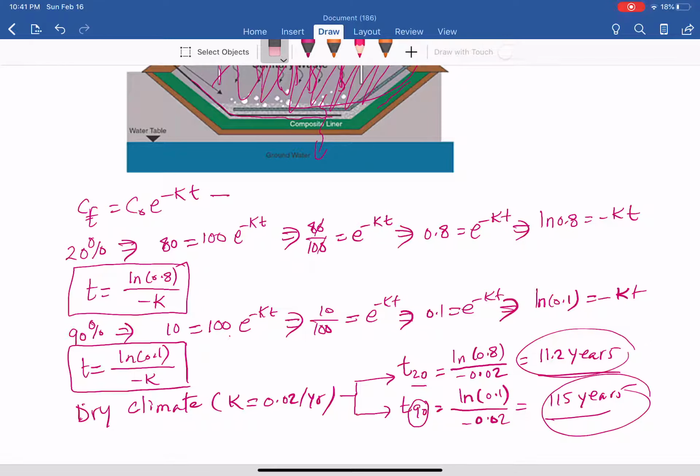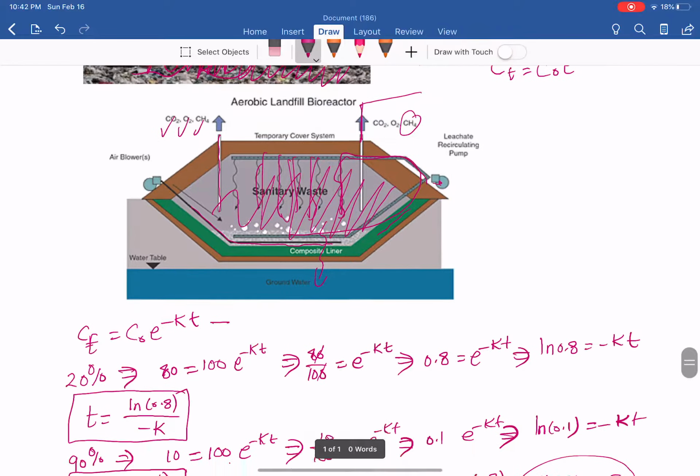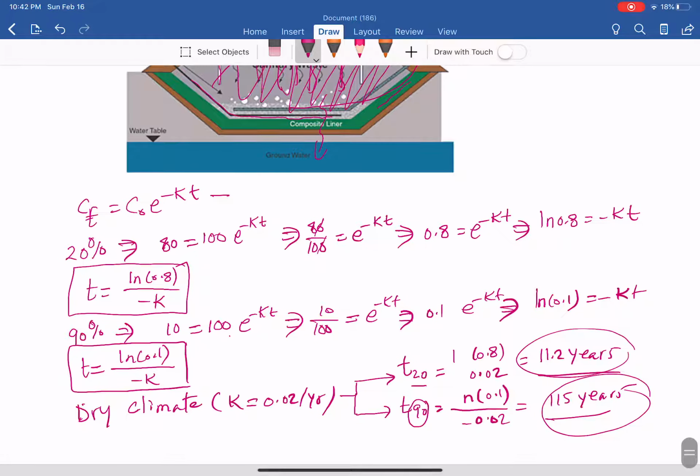Now the moderate climate: K is 0.038. You put K here as 0.038, and check how many years it will take.